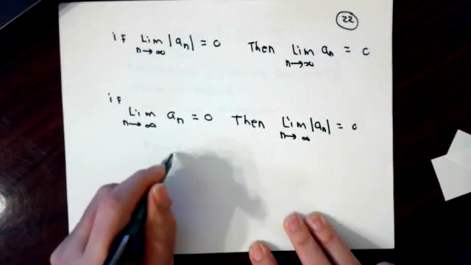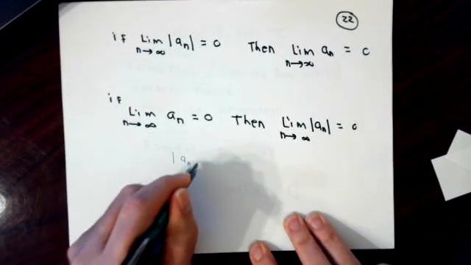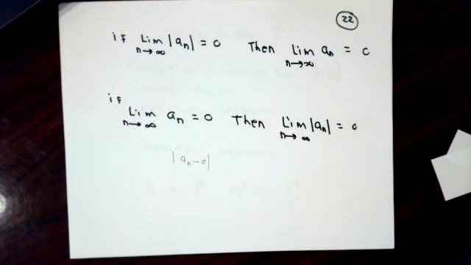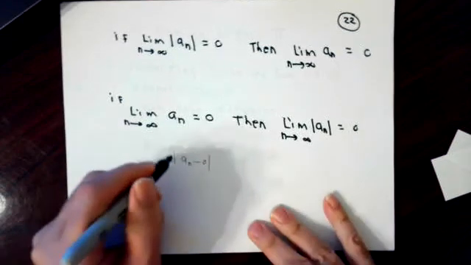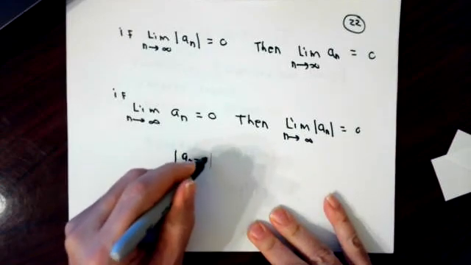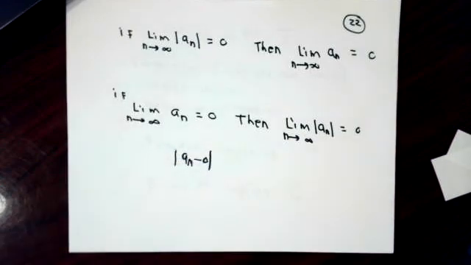On the other hand, if the limit of the individual a sub n's tends to 0, and you went off and looked at the distance between a sub n and 0, look at that. Well, that means that has to tend to 0 because the a sub n's have to get close to 0.